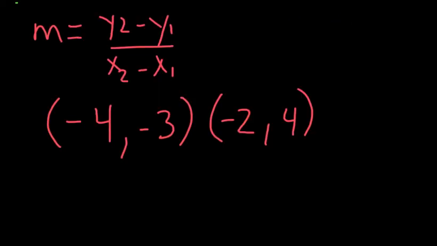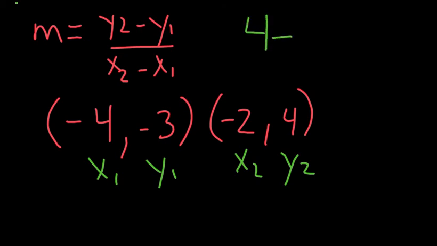Okay, here's another one. There's our formula. There's our points. Step 1, label the points. x1, y1, x2, y2. Then plug them into the formula. So 4 minus y sub 1, which is negative 3. 4 minus negative 3. Over x sub 2, which is negative 2, minus negative 4.